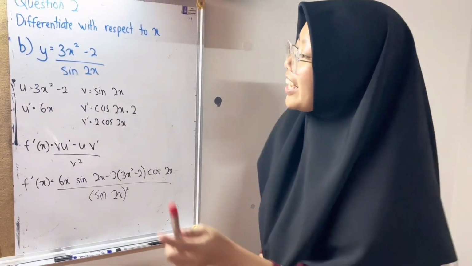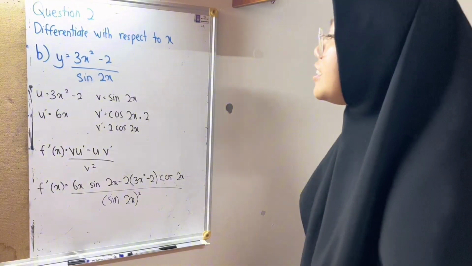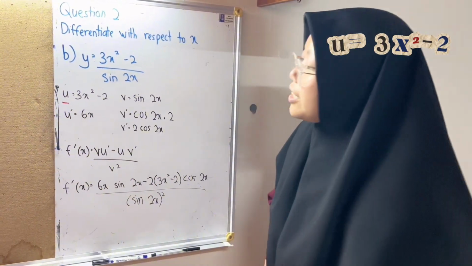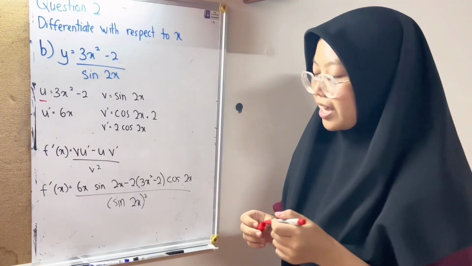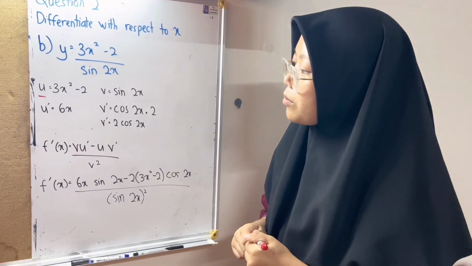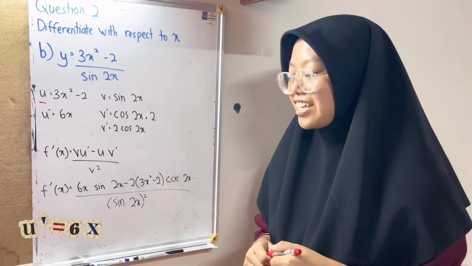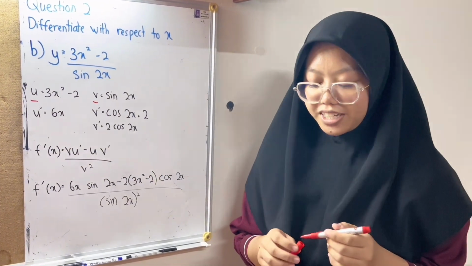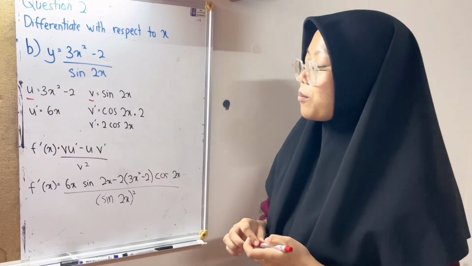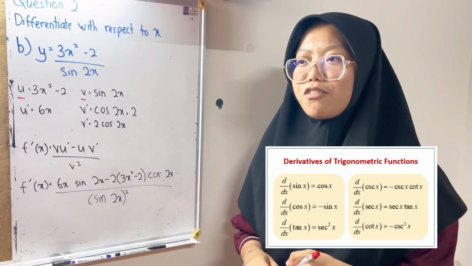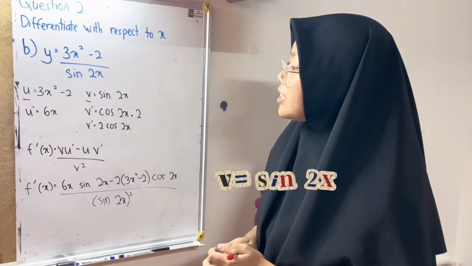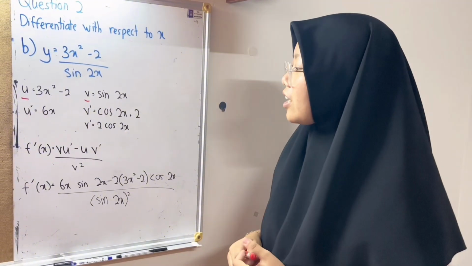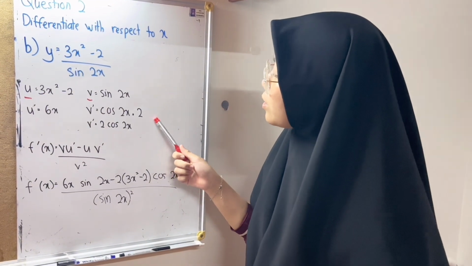Okay, as you can see, we have 3x squared negative 2 as U, and we can differentiate like usual. So U prime we get 6x, and for V, like before in this question, we need to refer to the formula for the derivative of the trigonometry function. Sin 2x, when we differentiate, we get cos 2x multiplied by 2.